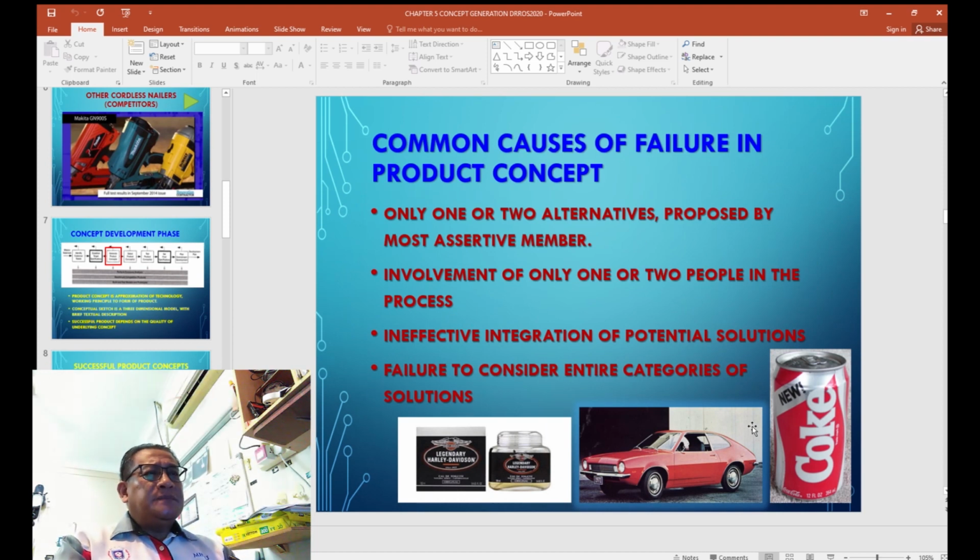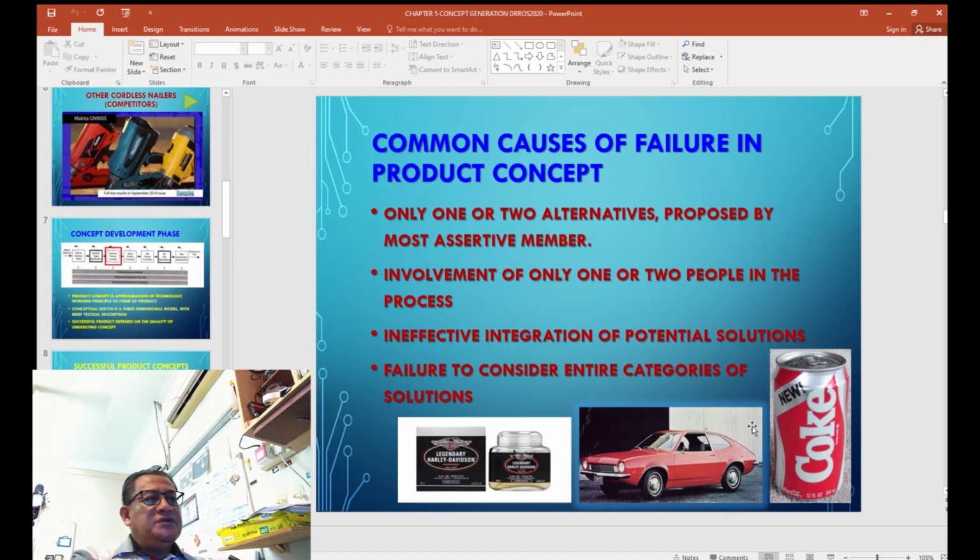Not all product concepts are successful. There are also a few examples of failure in new product concepts. One example is New Coke. When it was introduced, it was considered a failure because it is related to customer taste, and it is very hard for customers to change their taste.